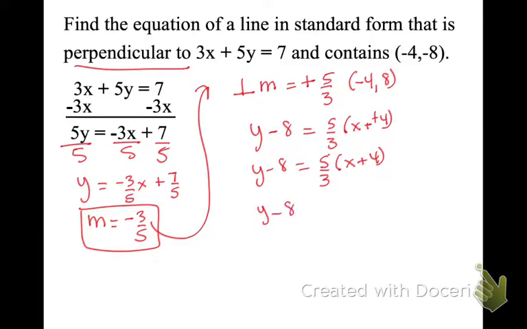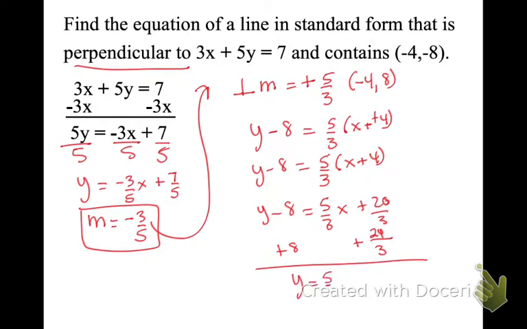Y minus 8 equals 5/3x plus 20/3. I'm adding 8 over here, 24/3. And I get y equals 5/3x plus 44/3. Now, how do they want it?